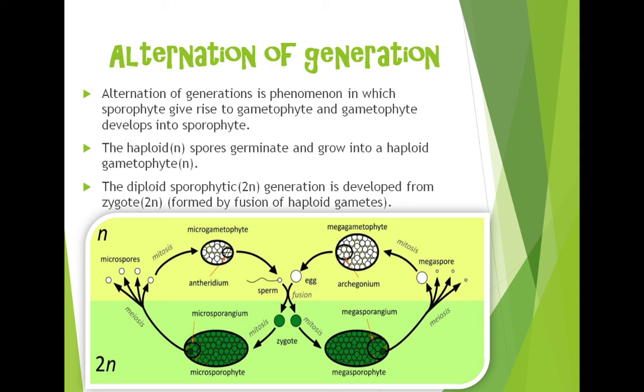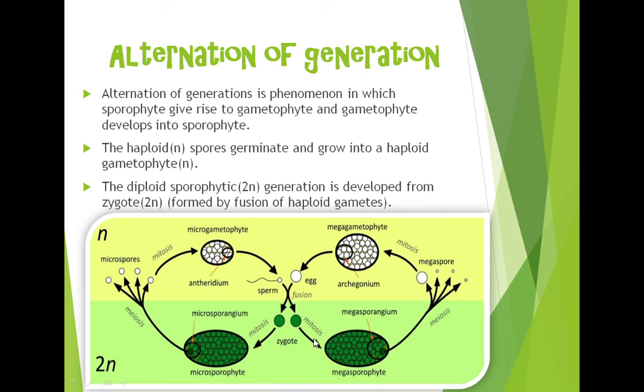So the haploid spores germinate and grow into the haploid gametophyte. And the diploid sporophytic generation is developed from the zygote formed by fusion of haploid gametes. As you have seen in microgametophyte and megagametophyte, in the megagametophyte the eggs are produced, the sperms are produced from the microgametophyte, they fuse, they form zygote.